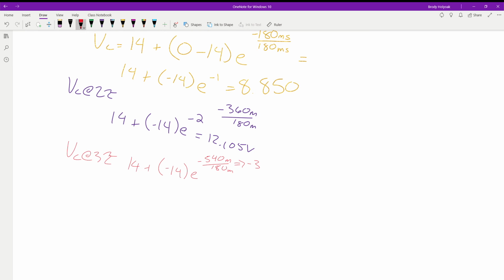What voltage do we get to there? 13.303 volts. When we multiply it out, what percentage do we get? 95%.